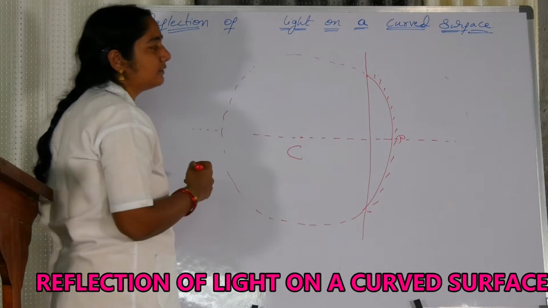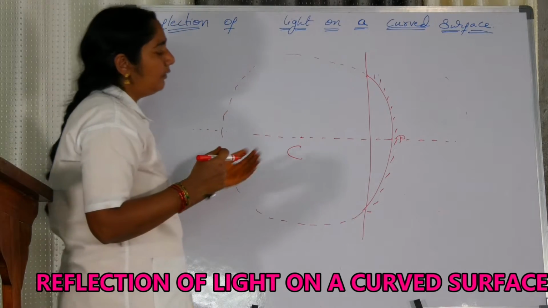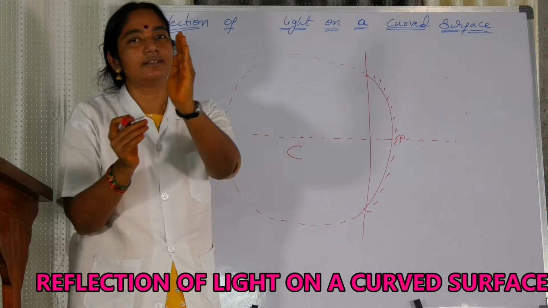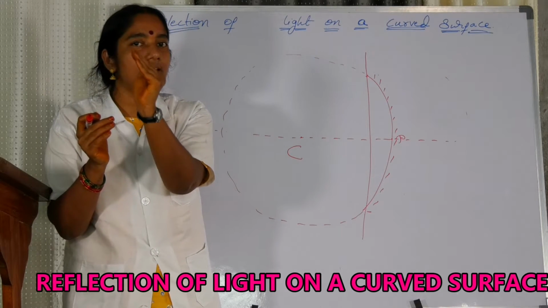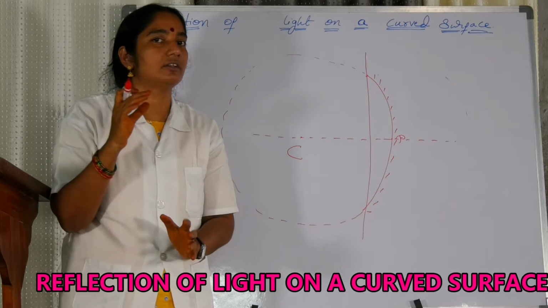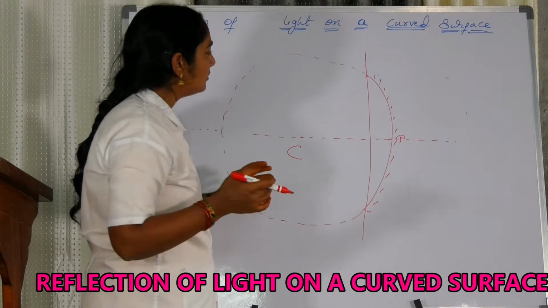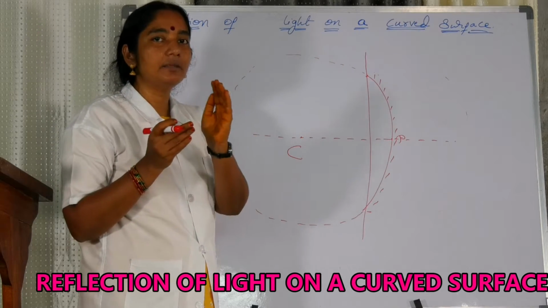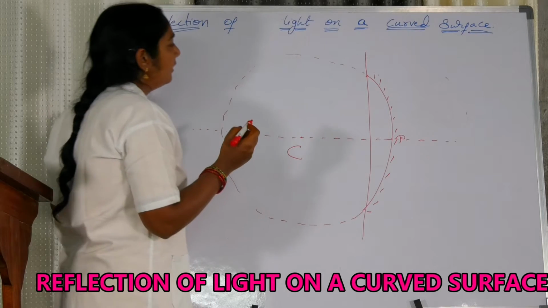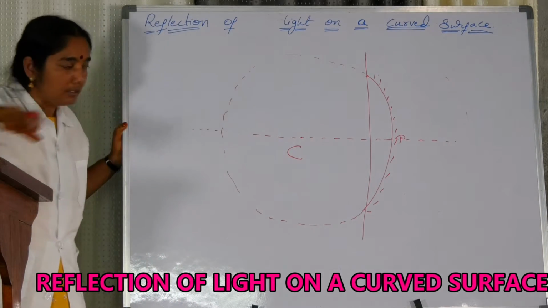And here, for example, if the mirror is like this and the mirror is like this, the aperture is different. The aperture of the mirror is different. So, I think you might have understood. Generally, the mirror will have less aperture.